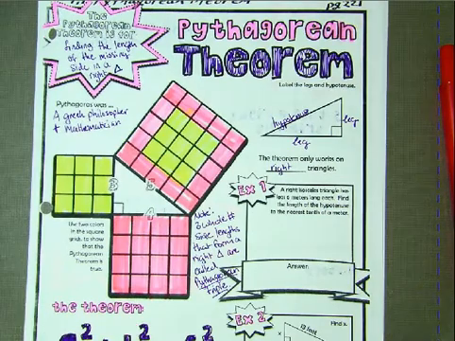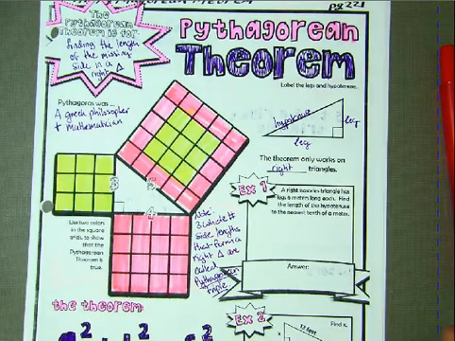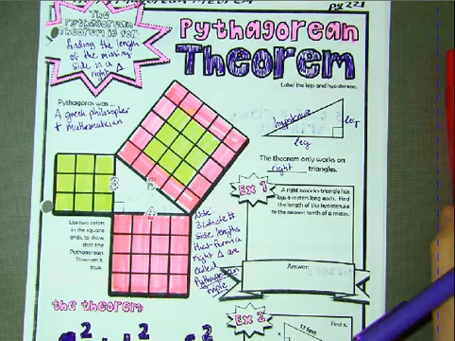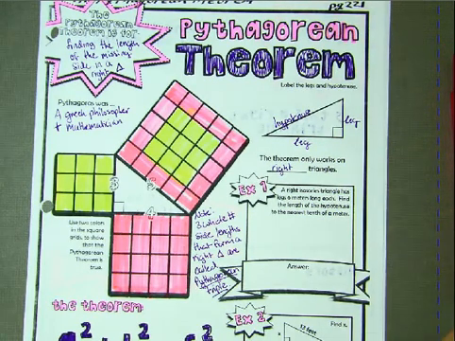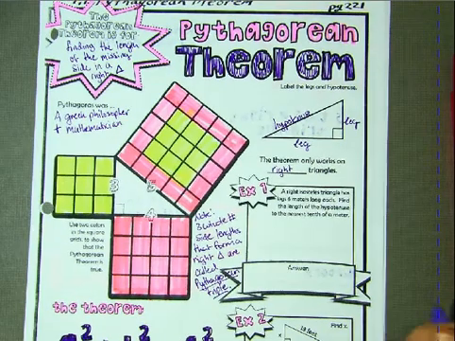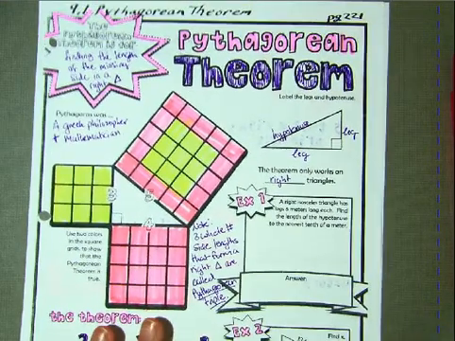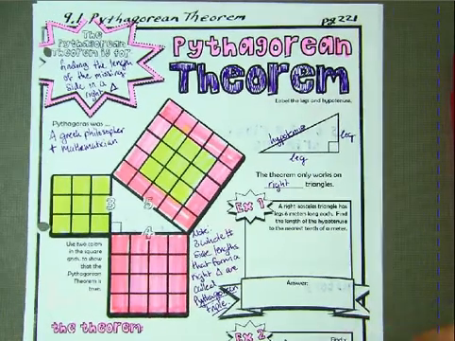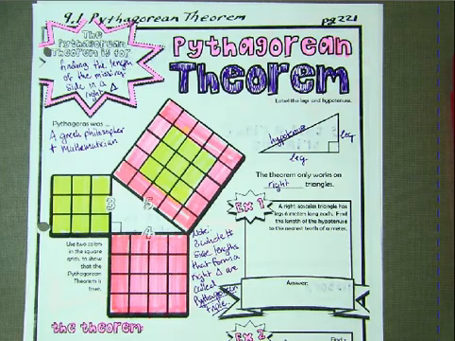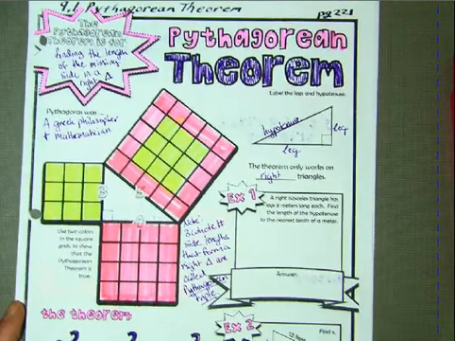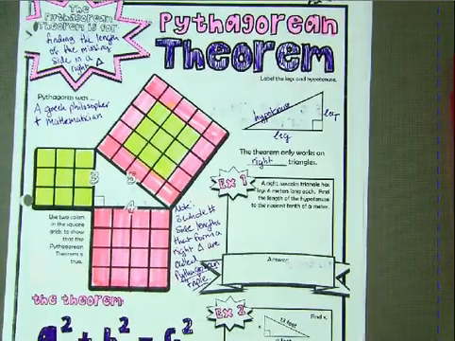He actually ran kind of a cult that worshipped math, and we don't know if he's actually the one who proved the Pythagorean theorem, but since he was the leader of the group, he got the credit. And there's evidence that maybe Egyptians or Babylonians found the Pythagorean theorem long before his group did, but he's the one who has all the credit.